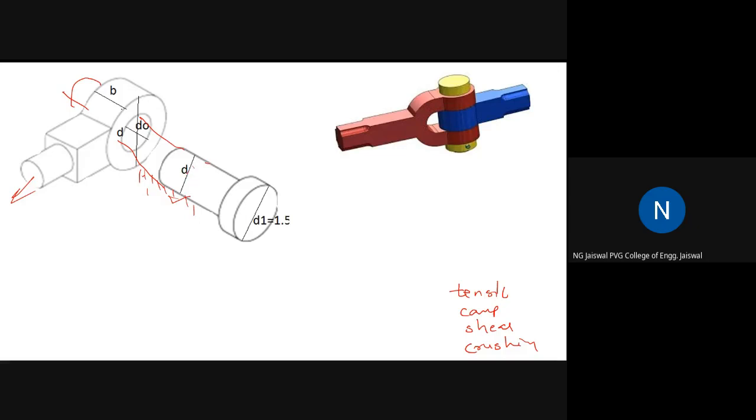Don't you think that this convex surface of the pin will be in contact with this surface of the single eye? This component is called a single eye. So don't you think that the surface of the pin is in contact with the surface of this single eye?